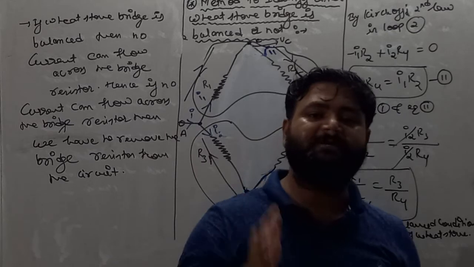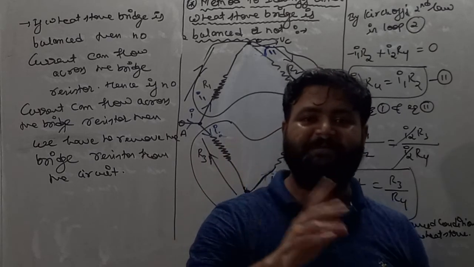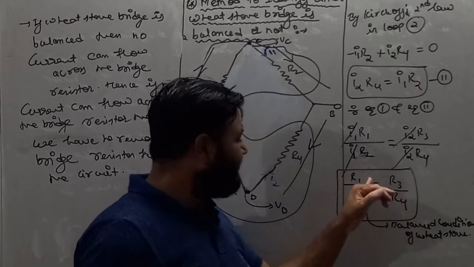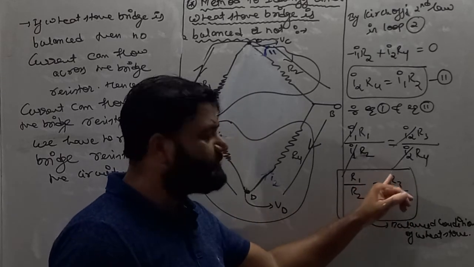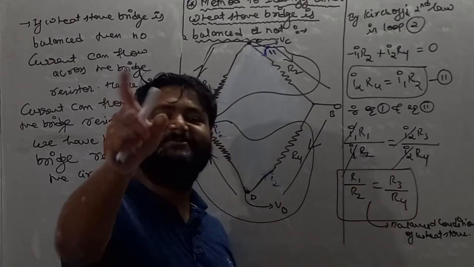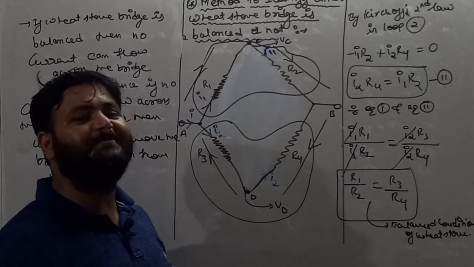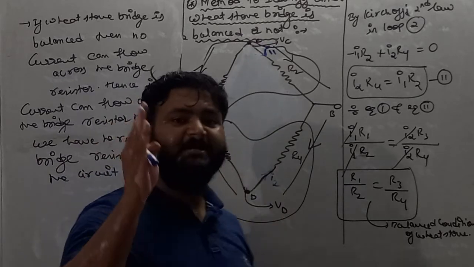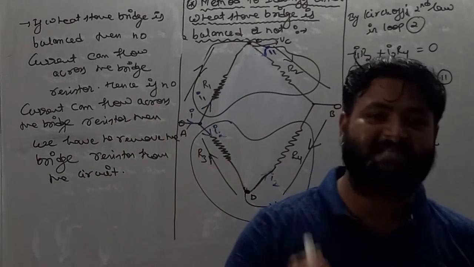Remember, we know the balance condition of the Wheatstone bridge: if the ratio becomes equal, that is R1 by R2 is equal to R3 by R4, then we say the Wheatstone bridge is balanced. And if it is balanced, then remove the bridge resistor from the circuit, because no current can flow across that resistor.